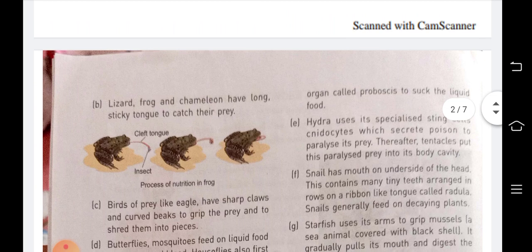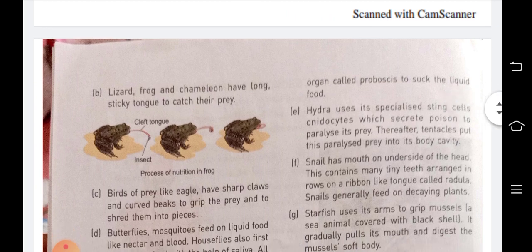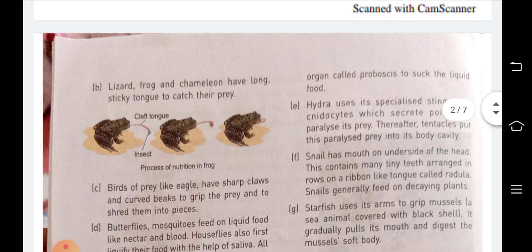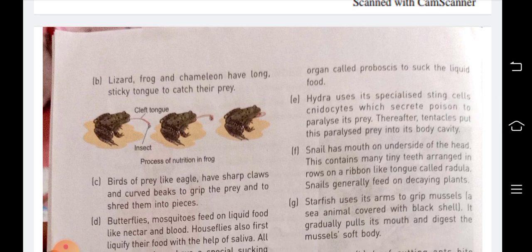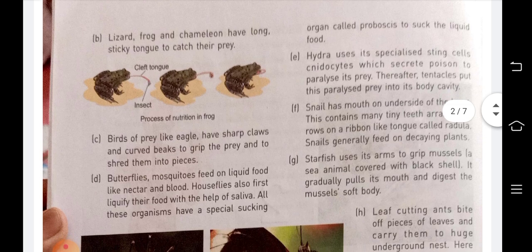Then second is lizard, frog and chameleon, which have a long sticky tongue to catch their prey. They put their tongue outside, and as this tongue is sticky, the prey, that means prey means शिकार, जो भी उसका शिकार है वो उसमें चिपक जाता है और वो यूटिलाइज कर लिया जाता है by the frog or lizard.